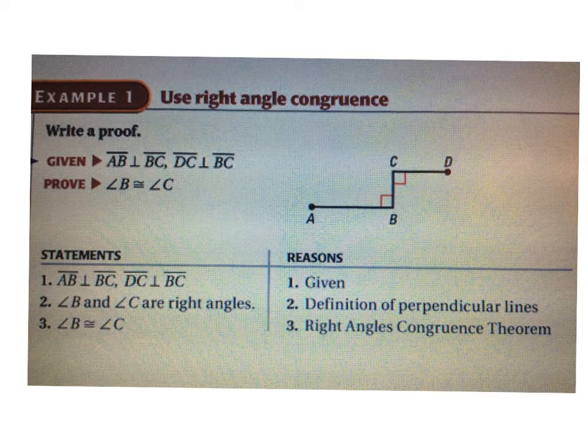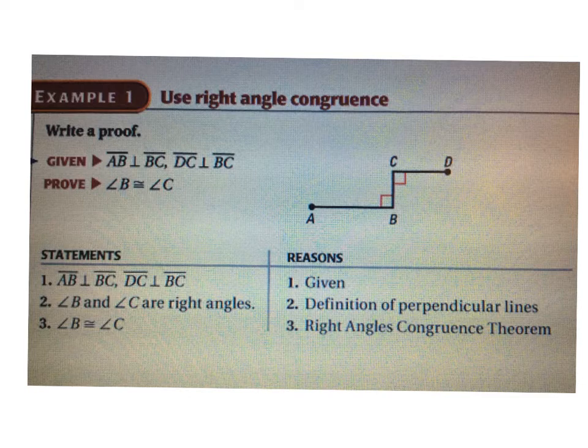We have our illustration, and then we need to prove that angle B is congruent to angle C. Okay, so this one's going to save us a lot of steps. We're just going to have 3 steps here. So we have our given, the nice easy one. So again, we go ahead and put in our given. Line segment AB is perpendicular to line segment BC. Line segment DC is perpendicular to line segment BC.